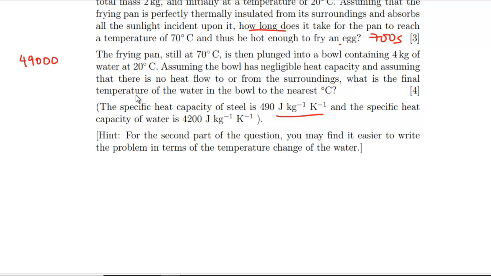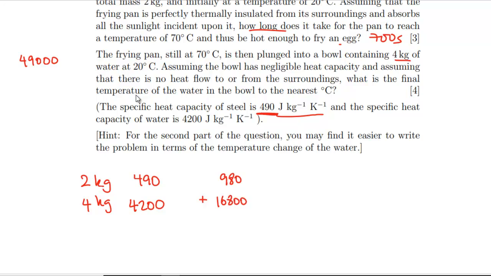So if it was all starting at 20, we got 2 kilograms, which is going up at 490, I should say. And we've got 4 kilograms of water going up at 4200. So every 1 degree of rise is going to have to be 980 plus 16,800.